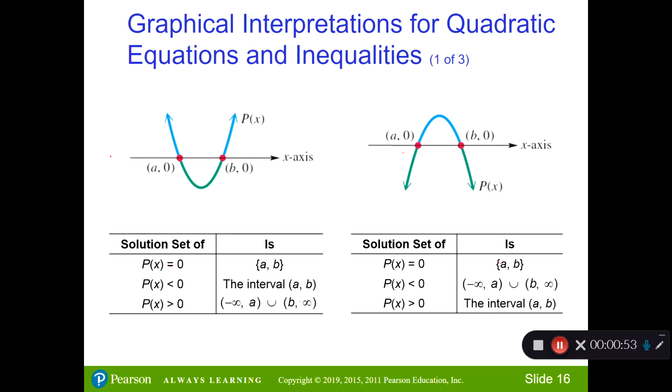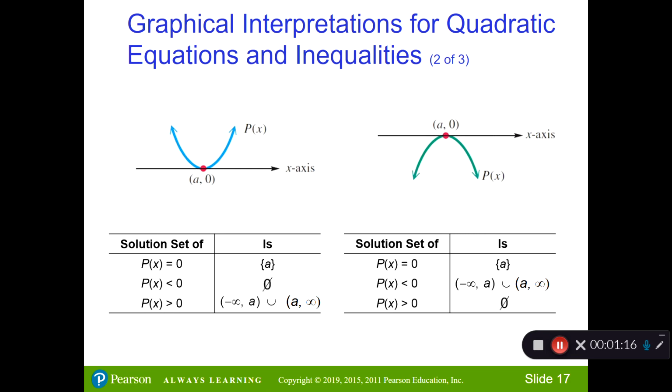So that would be from x equals negative infinity up to x equals a, and again from x equals b to x equals positive infinity. When y values are below the x-axis, in between a and b. If it's upside down, then those two inequalities would be switched.